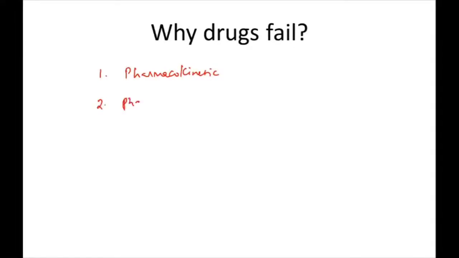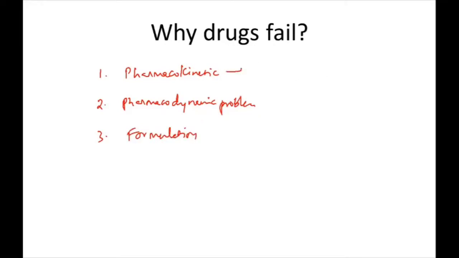Second one is pharmacodynamic problems. Third one is formulation problems.